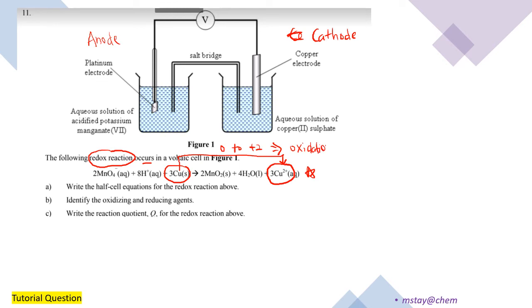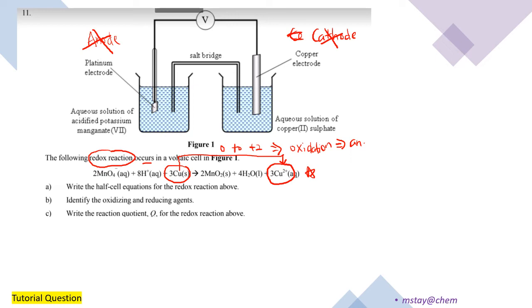When this is an oxidation process, it means that copper is the anode. So what we identified just now is incorrect. Always remember that you need to identify the anode and cathode not based on the diagram but based on the information given in the question.